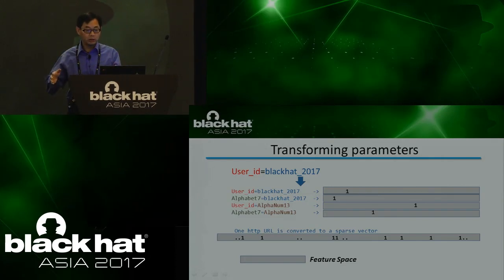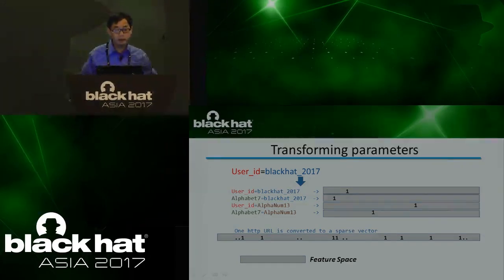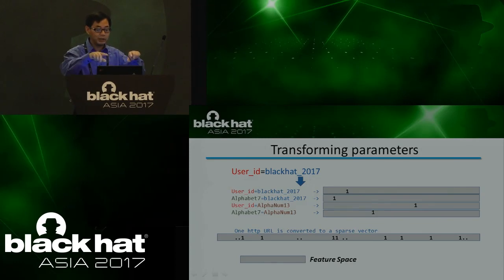Then we do the hashing. The long gray rectangle is our feature space. When we hash a string, we get one bit in, which is the position within this, for example, 3,000-dimensional array.